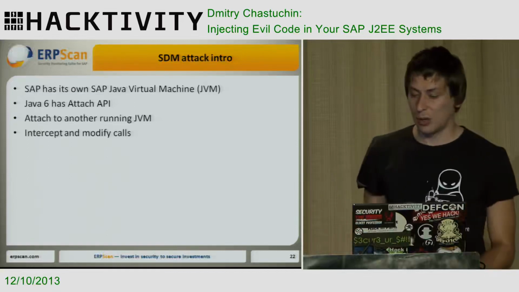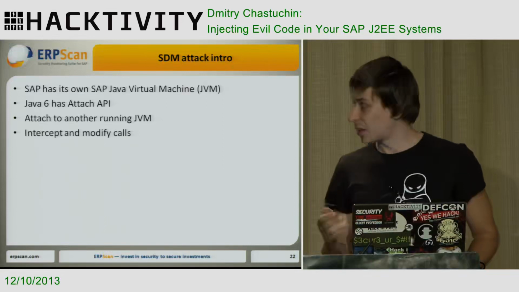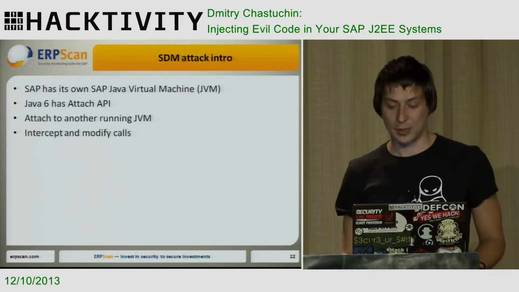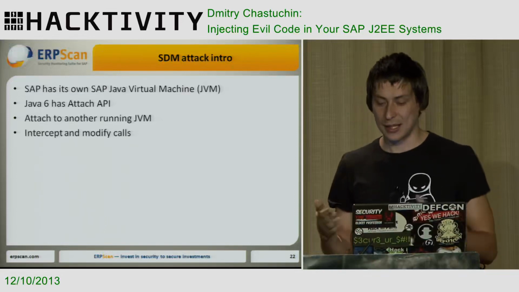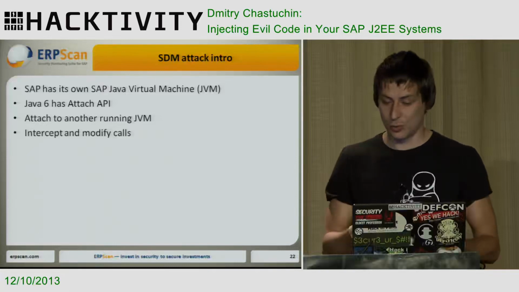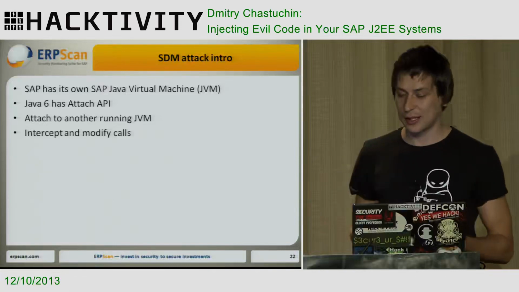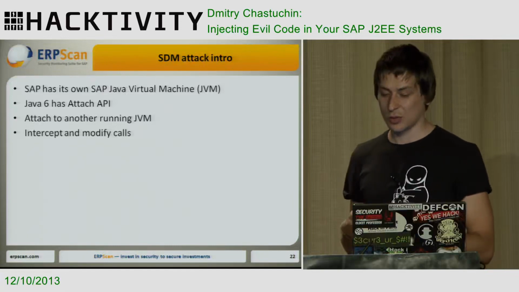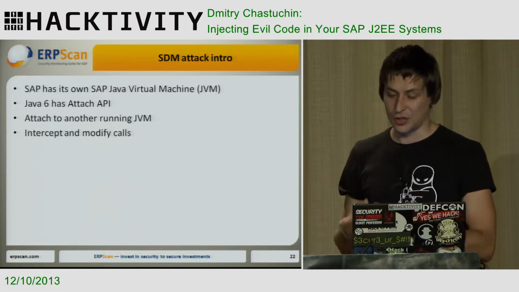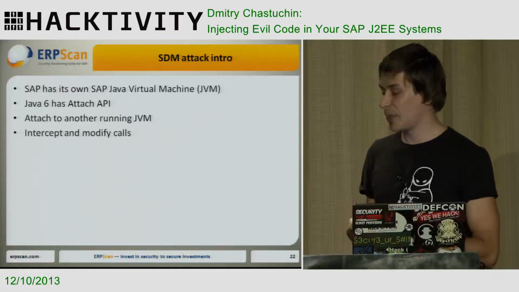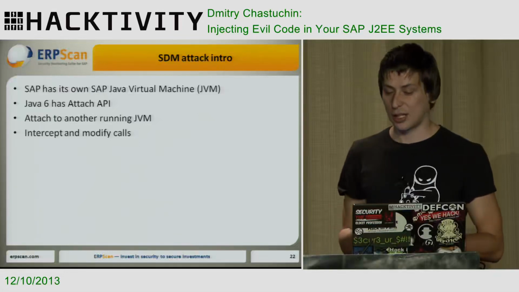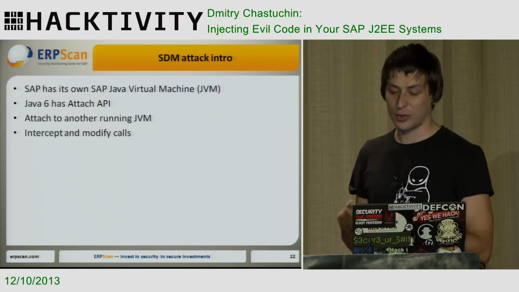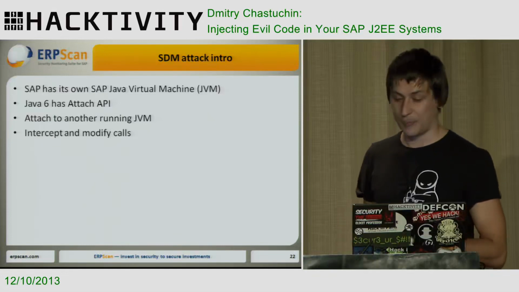Java has always been used for enterprise applications. Since SAP supports Java 2, and as I said, has its own Java application server that includes SAP's own Java virtual machine. Java 6 contains the Attach API features that allow seamless inter-process modification of a running JVM.